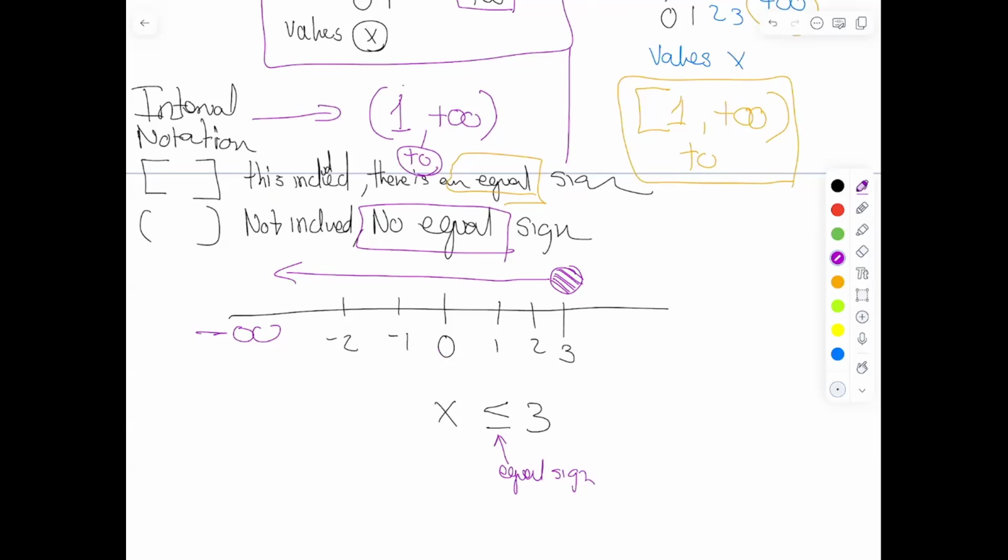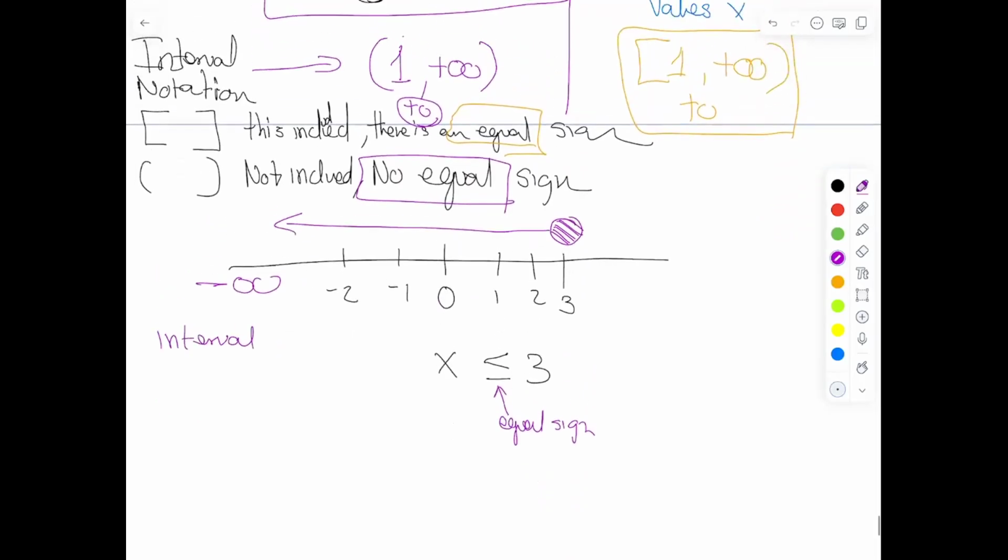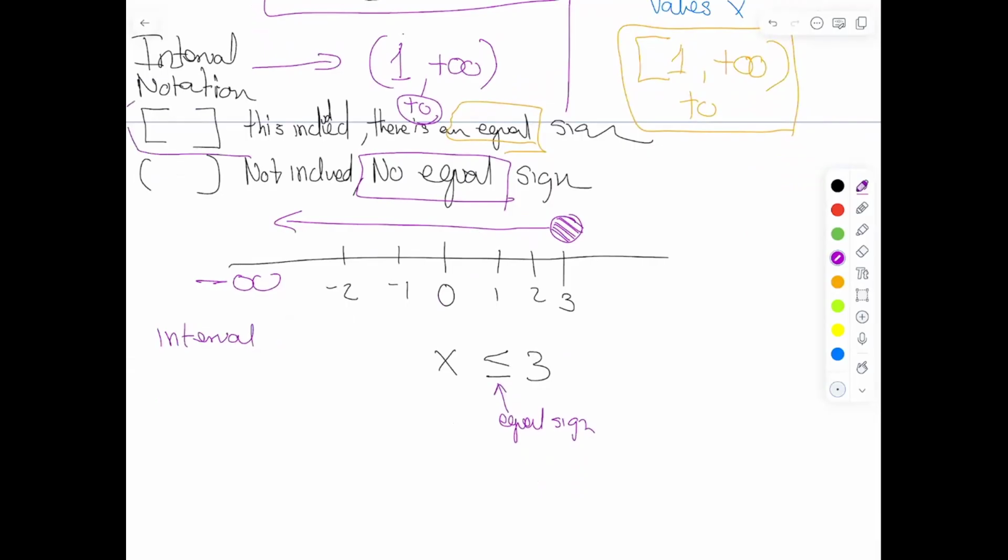How would I write this in interval notation? Look at the definition: equal sign, no equal sign. Does this have an equal sign at the bottom?